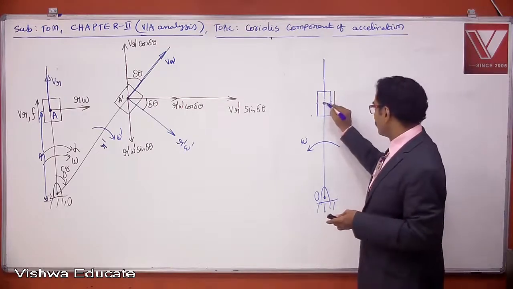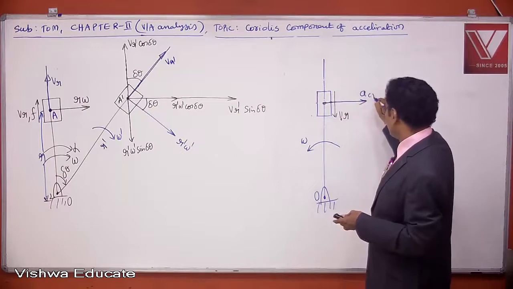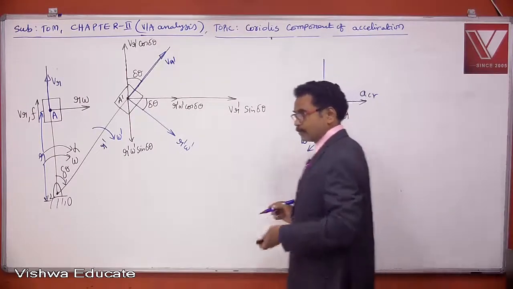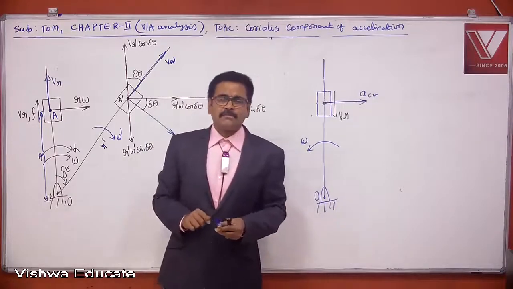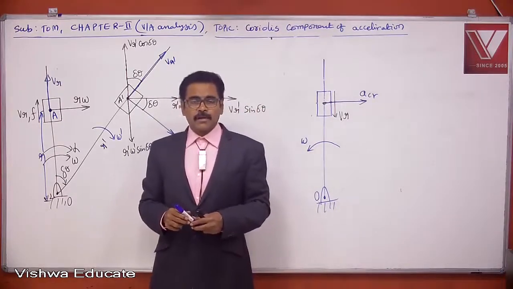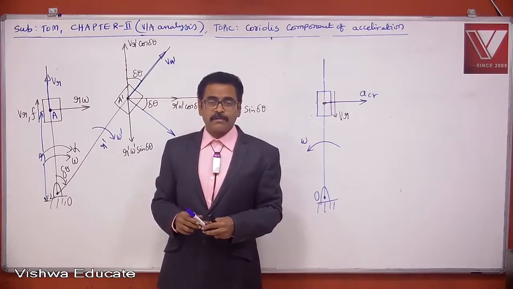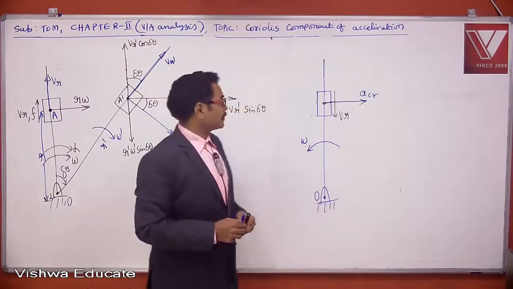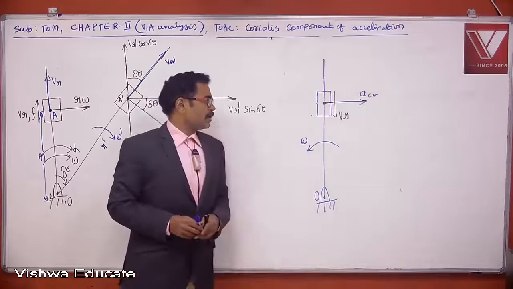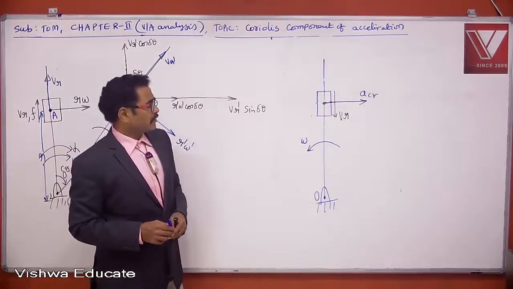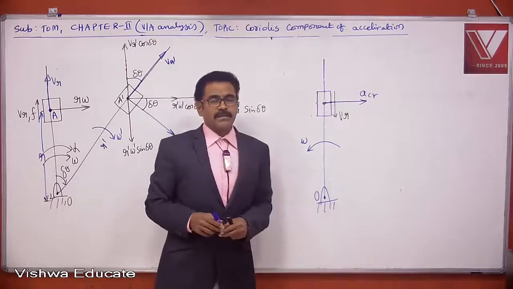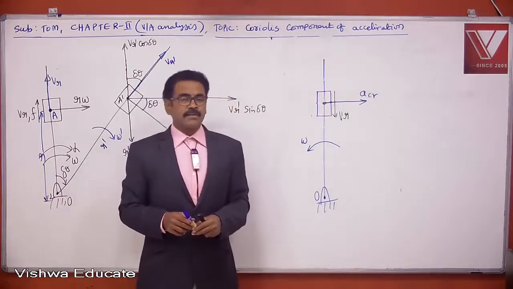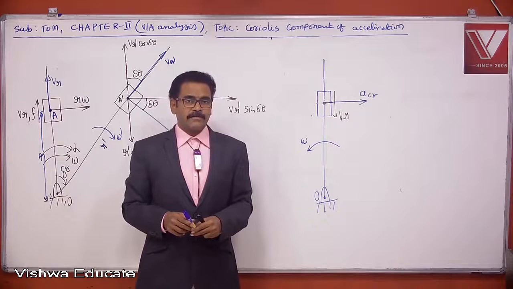Definitely this is the direction of Coriolis component of acceleration. So in this case, Coriolis component of acceleration acts towards right. Sometimes it is right, sometimes it is left.